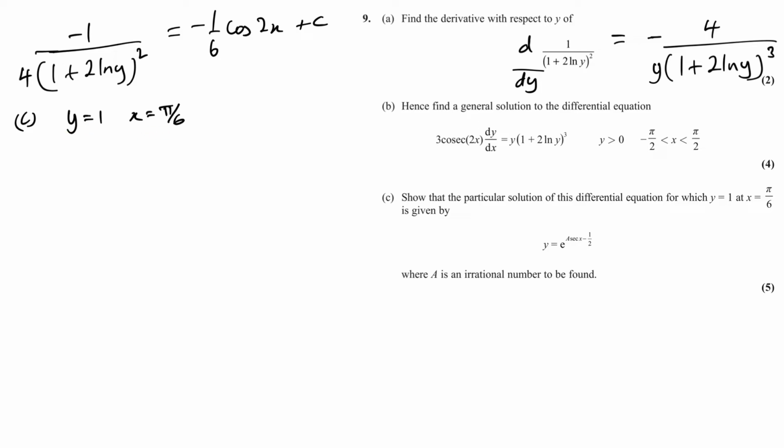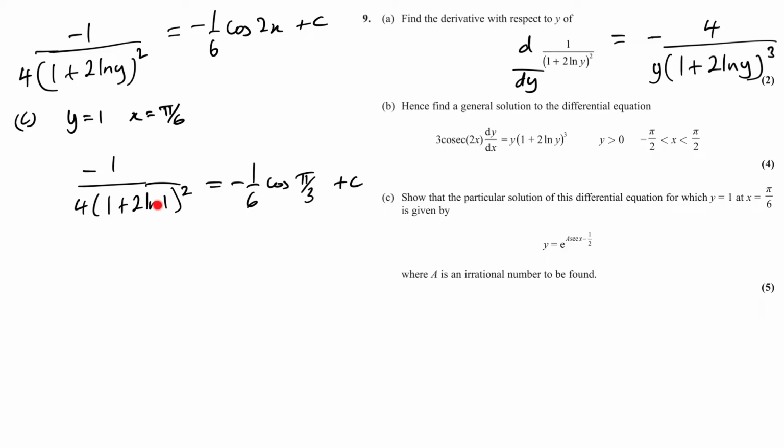So let's substitute these values in. So you get minus 1 over 4 times 1 plus 2 ln 1 squared, and that equals minus 1/6 cos pi by 3, because it's 2 times pi by 6, plus c.